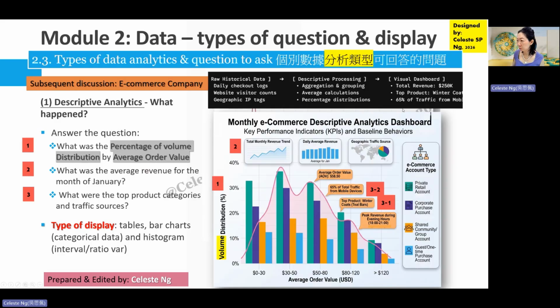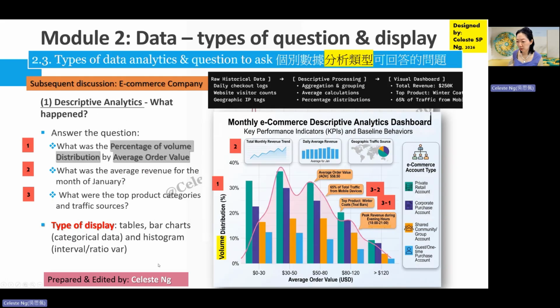In general, when we conduct descriptive analytics, we will use tables, bar charts, histograms, and line graphs to display the results of our descriptive analysis.